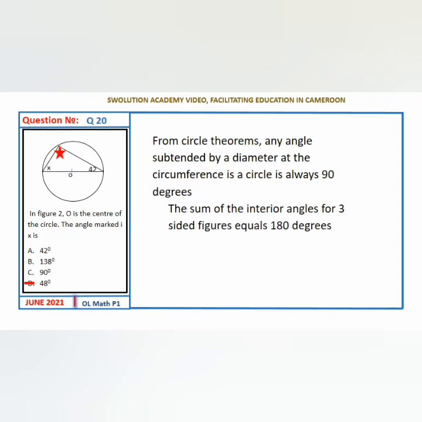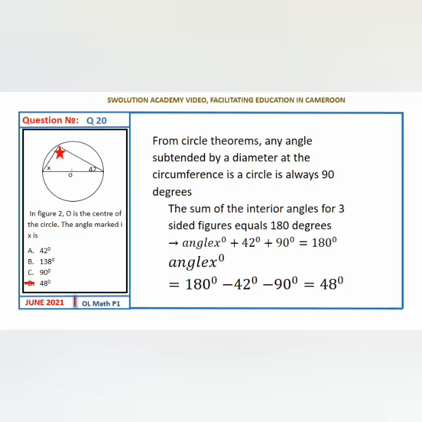So angle X plus angle 42 plus angle 90 degrees, the one represented by the star, should give us 180. If we send 42 and 90 to the other side, they become negative, and angle X is 180 minus 42 minus 90, which will give us 48 degrees. Just punch your calculator. So hence our answer is D.